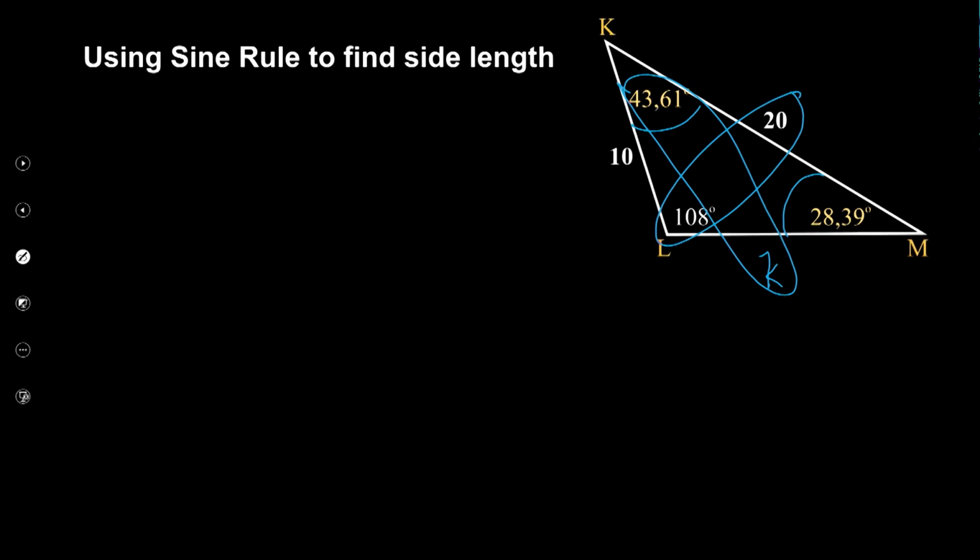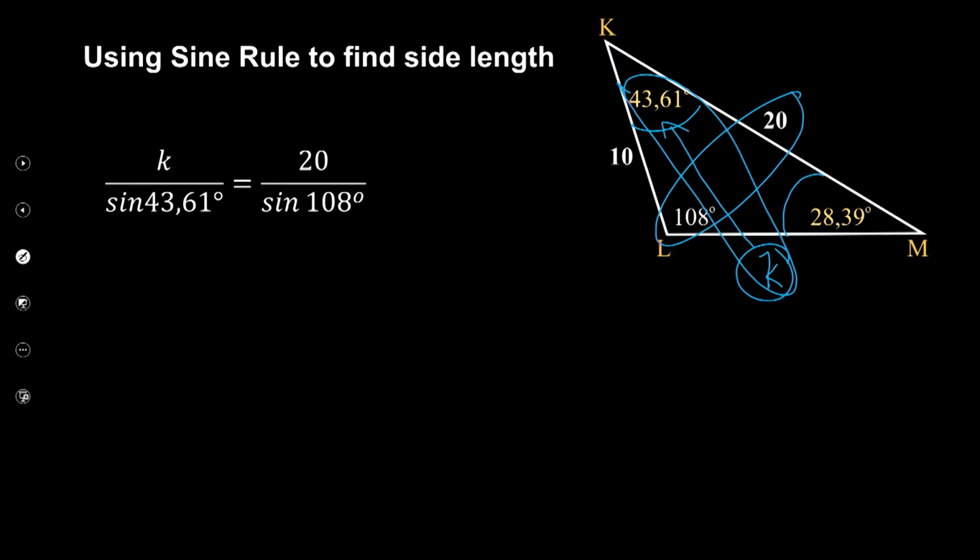So again, our full pair and our half pair, we're going to start off with what's unknown. Because we want to find k, we're going to say k over sine of 43,61 will equal this pair here. So it will be 20 over sine of 108, and that's the equation we've set up.